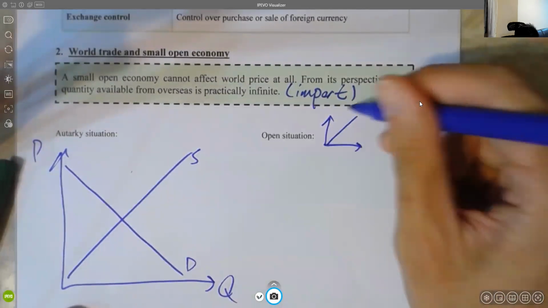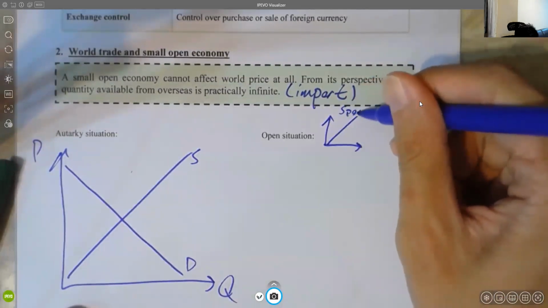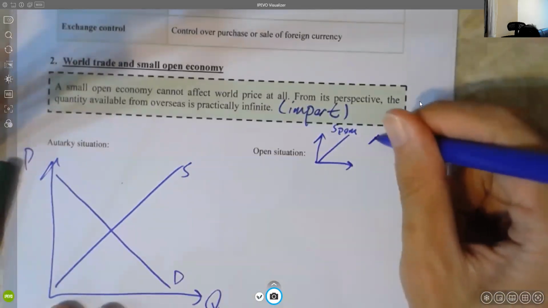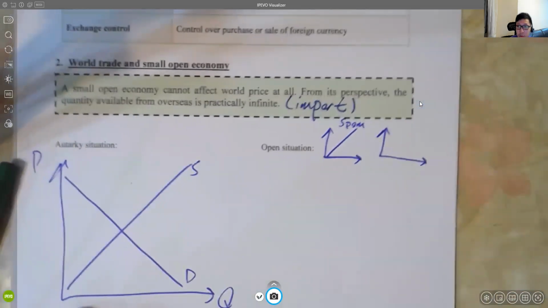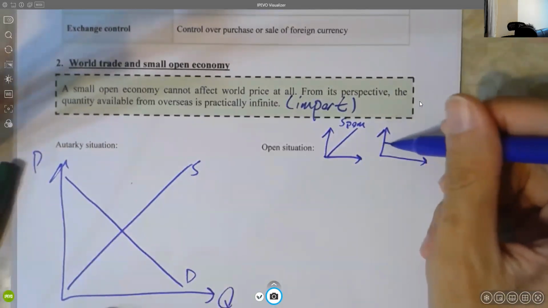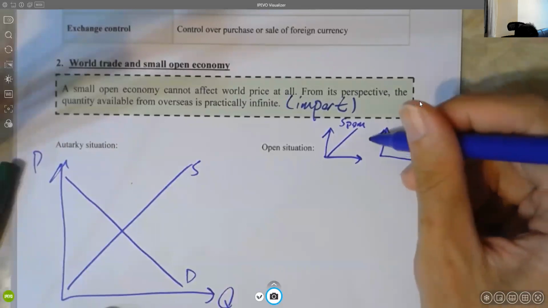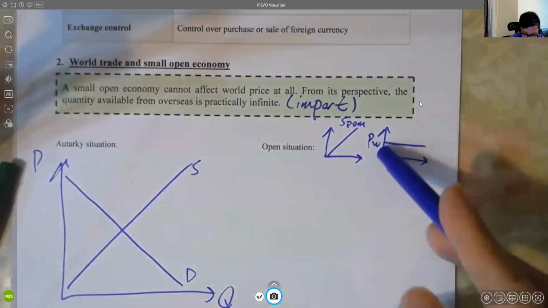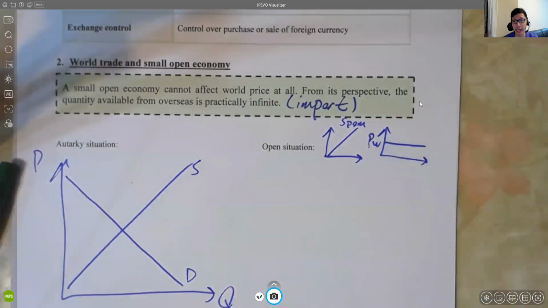First, this is our domestic supply, 咁正常嗰條嘛向上斜嘅. But this time, we also face another supply curve from overseas. This, we call it the world price. It will be fixed at the world price. You cannot affect the world price. Therefore, you take the world price, and the quantity is basically unlimited.